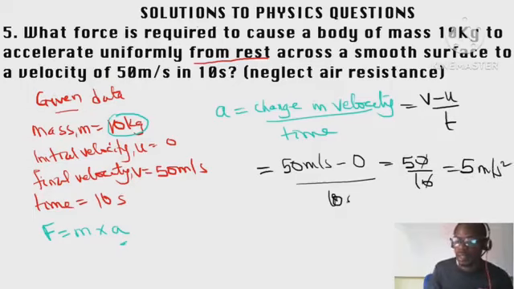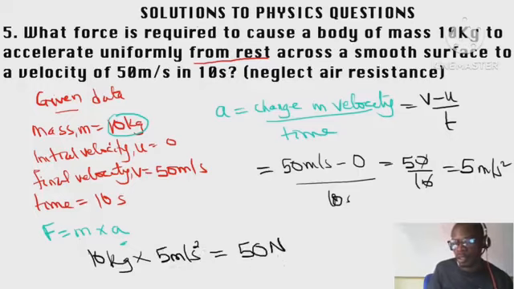Once you know that the acceleration is 5 meter per second square, we have said that force is equal to mass times acceleration. So mass, as we are given, is 10 kilogram, times acceleration, which is 5 meter per second square, and this will give us 50 newton.